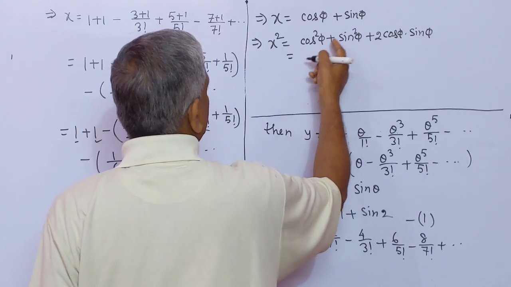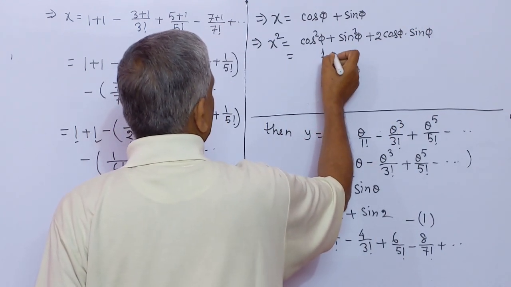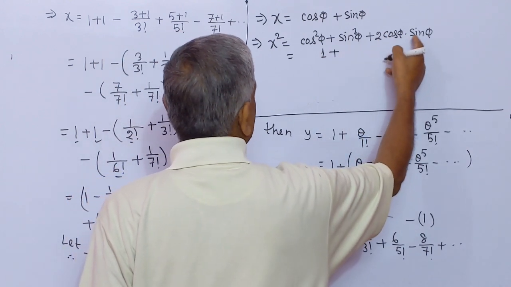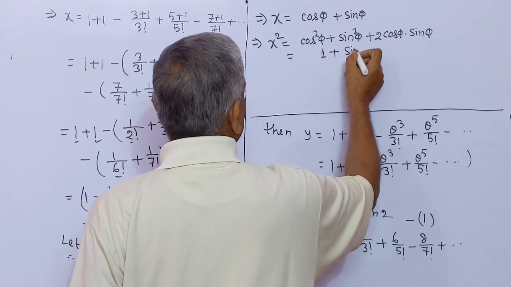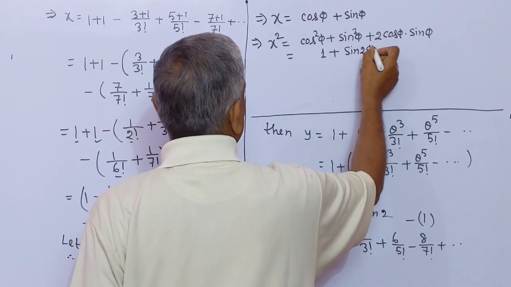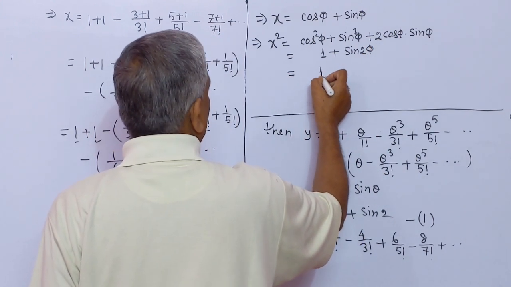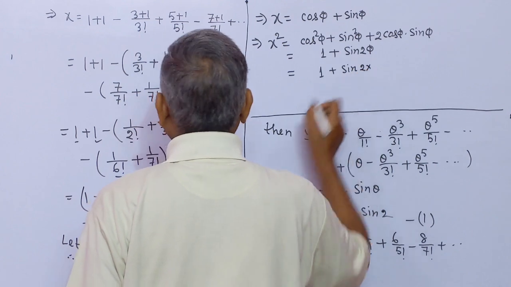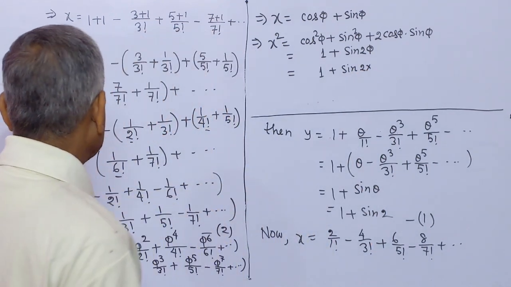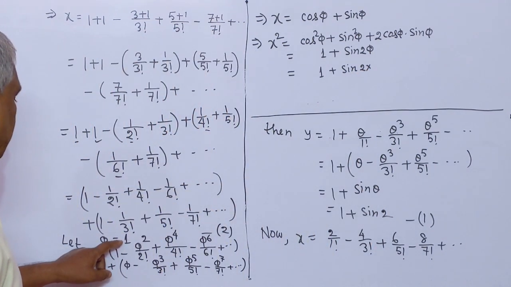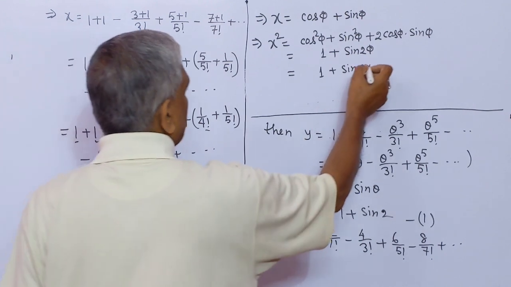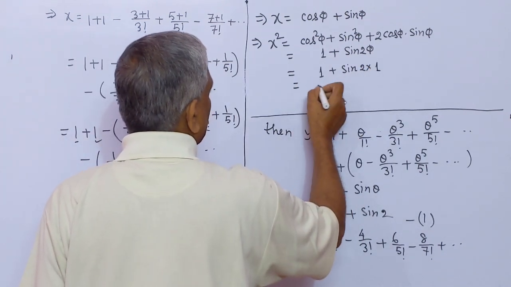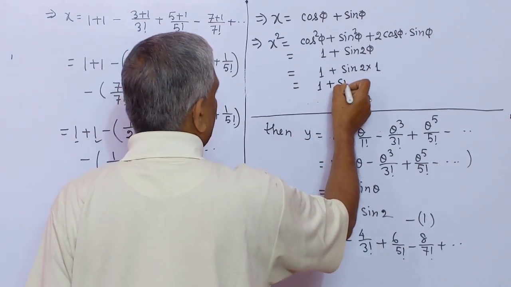This cos square phi plus sin square phi is 1, plus 2 cos phi into sin phi is sin 2 phi. This equals 1 plus sin 2 multiply phi. Phi is 1, so this is 1 plus sin 2.